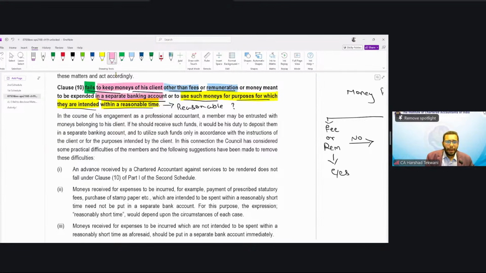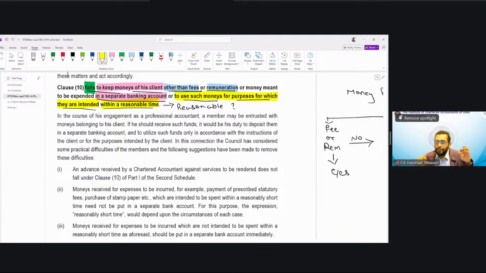The second part talks about failing to use such money. So either you fail to keep the money in a separate bank account or you fail to use such money for the purpose for which it is intended within the reasonable time frame. So there are two limbs of this particular clause.